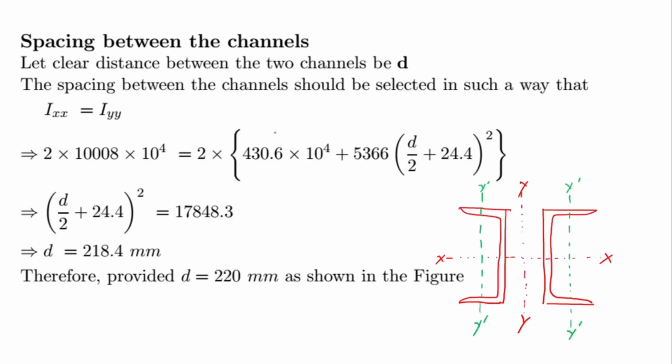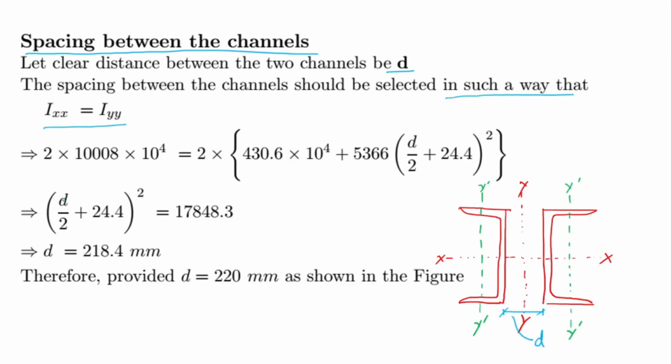Now the spacing between the channels. Let the clear distance between the two channels be small d. So this is the distance d between the channels. The spacing between the channels should be selected in such a way that Ixx equals Iyy.